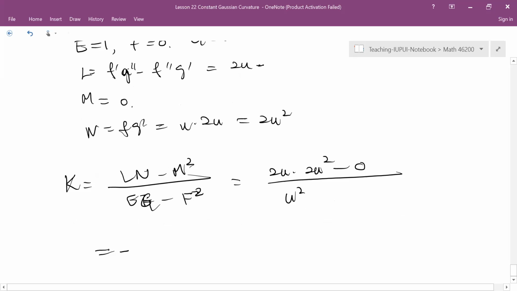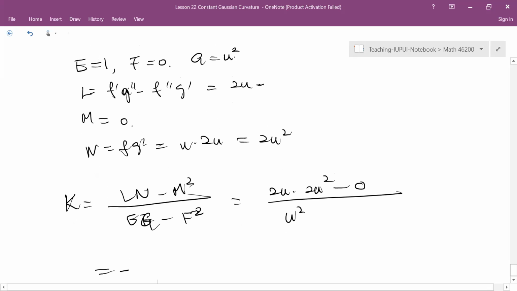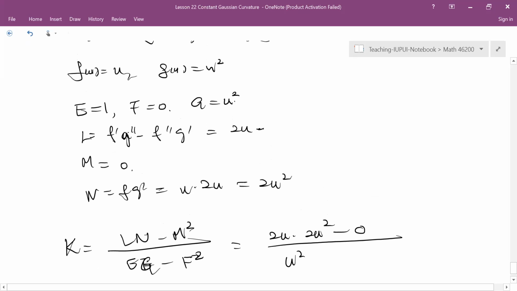Wait a minute. Did we use a condition or not? Because this is not a unit speed curve.